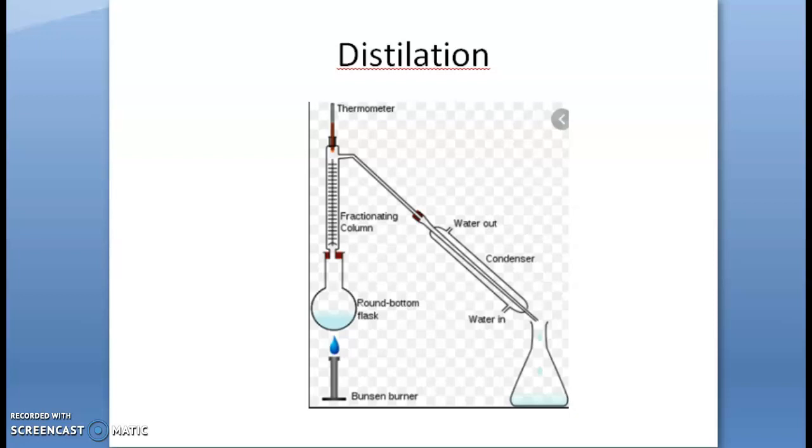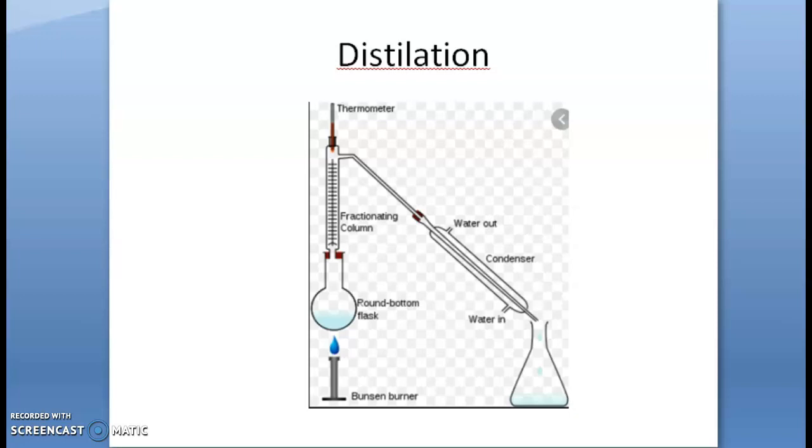Here we heat the substance in the flask, which will convert into vapors. There are two types of substances: those which convert directly into vapors, which we call the sublimation process, and those where we heat the liquid and it transforms into vapors.